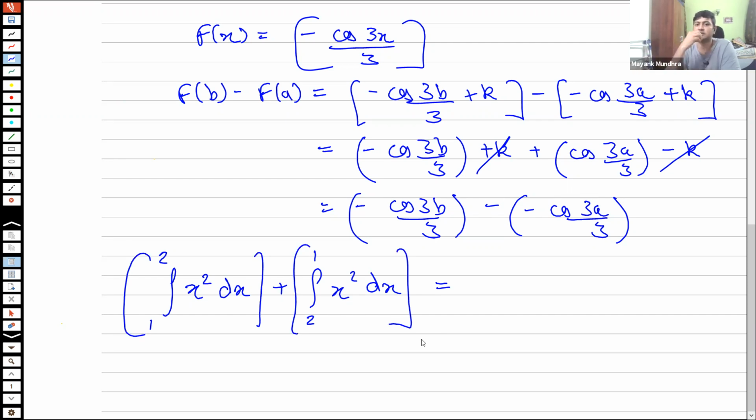Just interchange the limits and see what happens. So 0. Because if I interchange the limits, this remains as it is, plus minus integration of 1 to 2 x squared dx. So it's integration 1 to 2 x squared dx minus integration 1 to 2 x squared dx. They cancel each other out and you get 0.